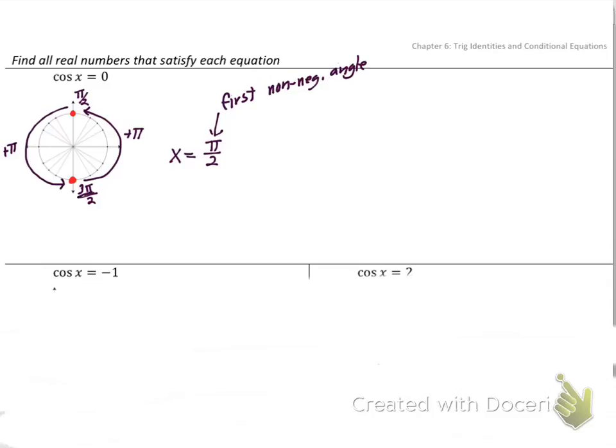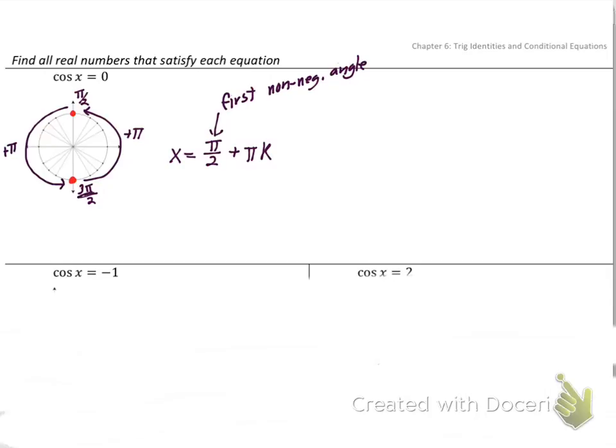We have to find that first positive one to actually list it. So I find my first positive or non-negative angle, and then I just add pi to it. I don't know how many pi's I'm going to add, so we're going to say pi times k. Because if I start here and I add 2 pi, I get to one of these circles, right? If I added 3 pi, I'd get here. No matter how many pi's I add, that's why I write it.